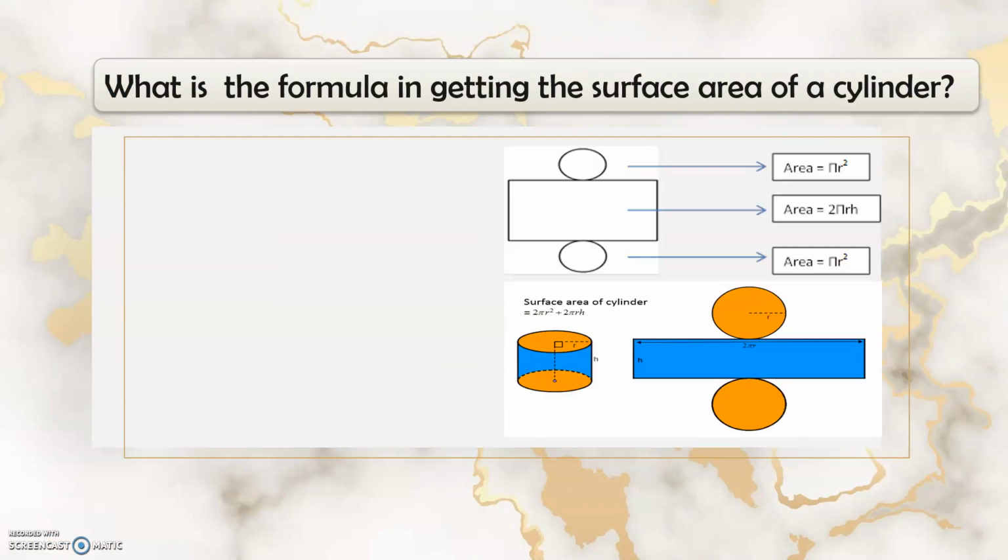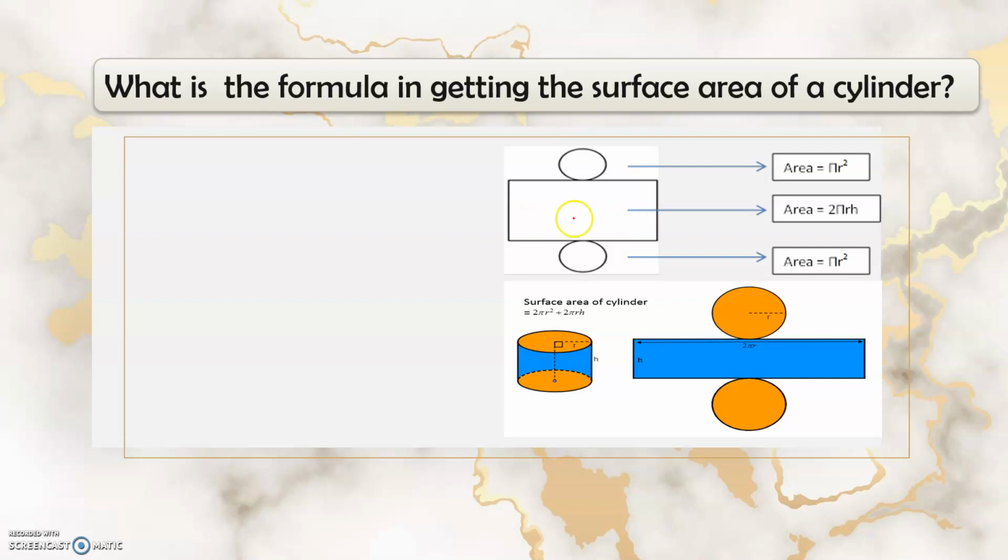So what exactly is the formula that we will use in getting the surface area of a cylinder? Again, using the net of our cylinder, the area of one circular base is pi r squared. The area of the other circular base is also pi r squared. But since these two circular bases are congruent to one another, we simply multiply the area of one circular base by 2 to get the area of the two circular bases.